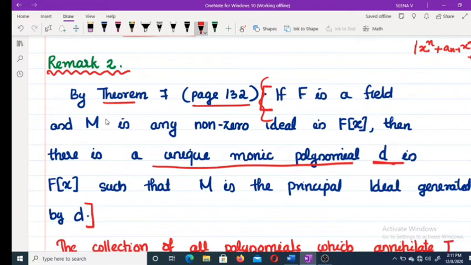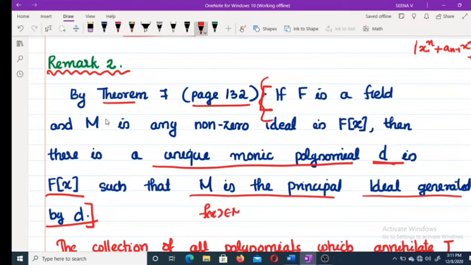Then this theorem says that there is a unique monic polynomial d in F[x] such that M is the principal ideal generated by d. What is the meaning of that? If f is any polynomial in M, then you can write f as d times g(x).